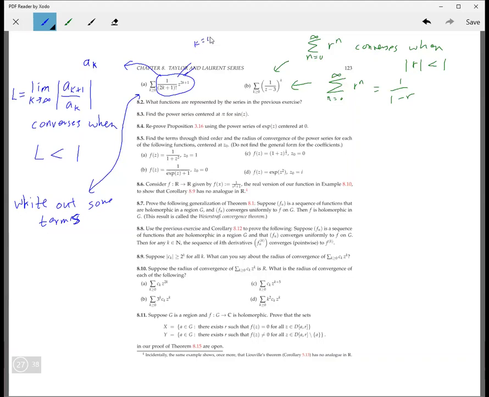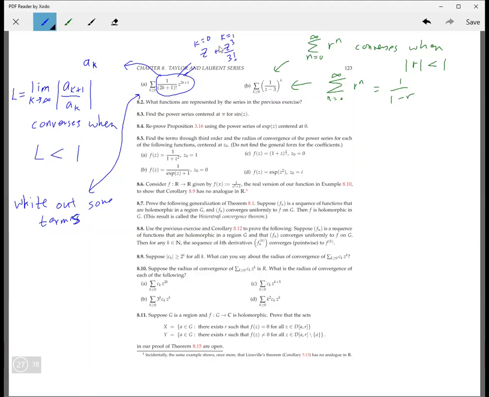When k is 0, you've got z over 1, so just z, right? And then when k is 1, this is going to be z cubed over 3 factorial, right? So z plus z cubed over 3 factorial.